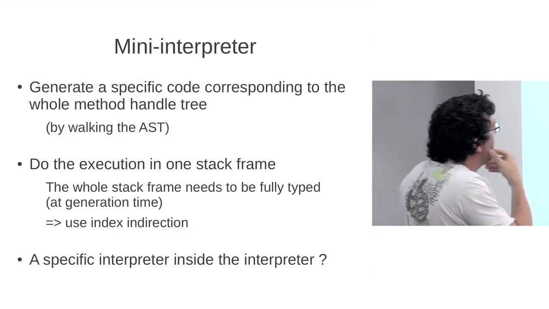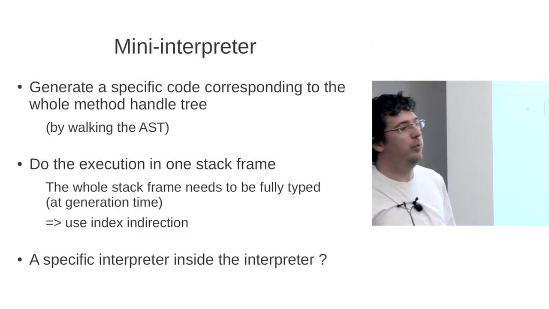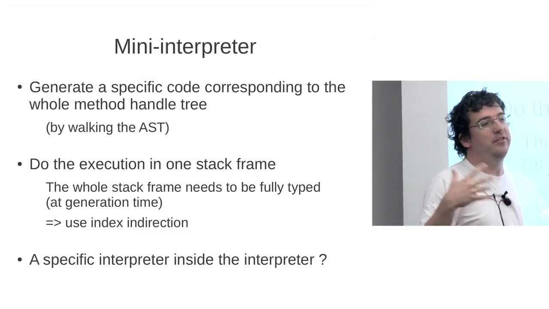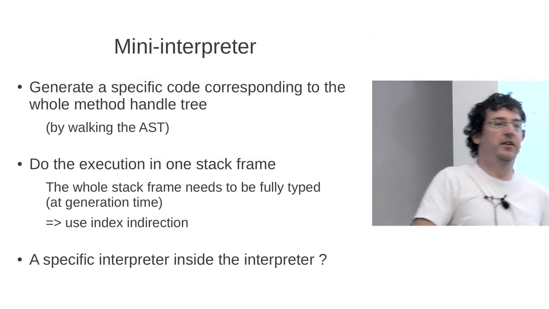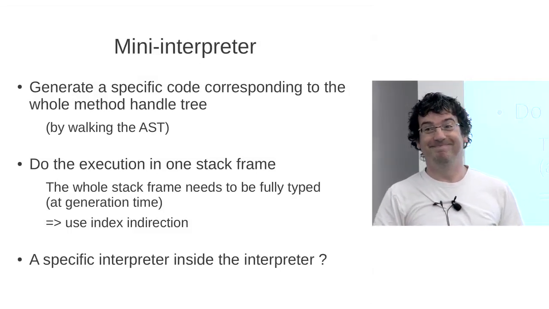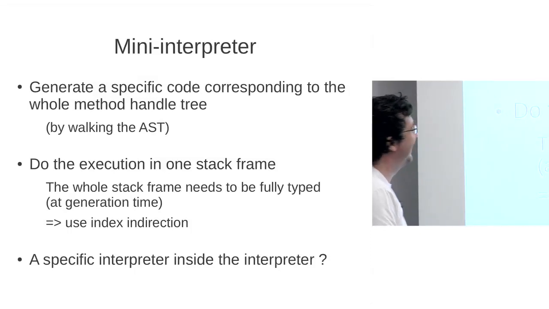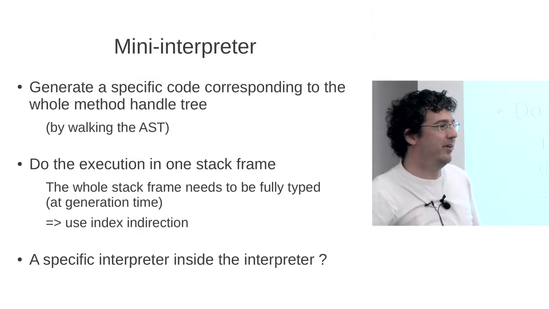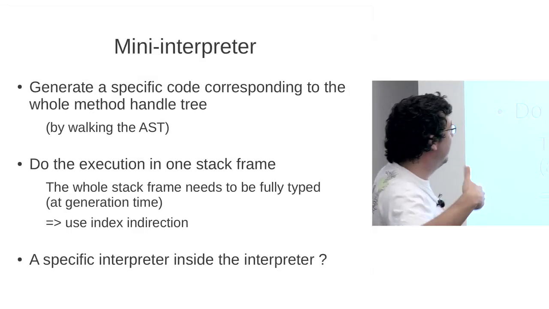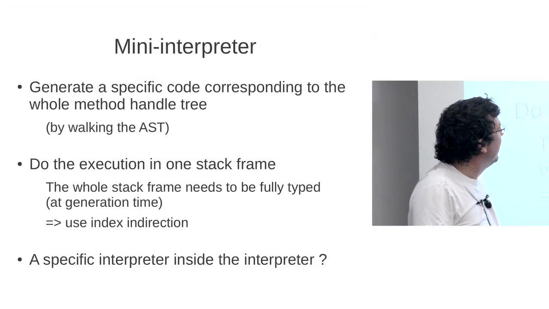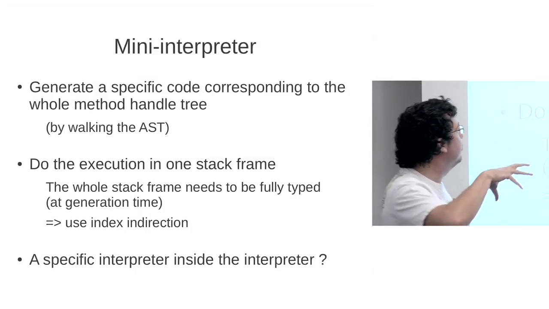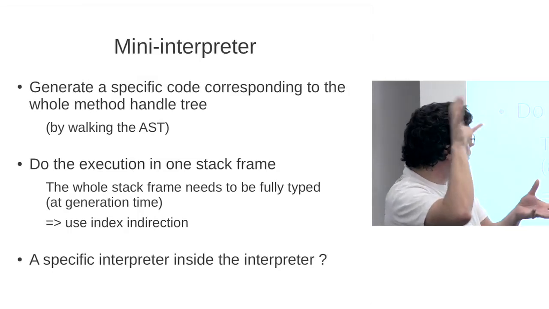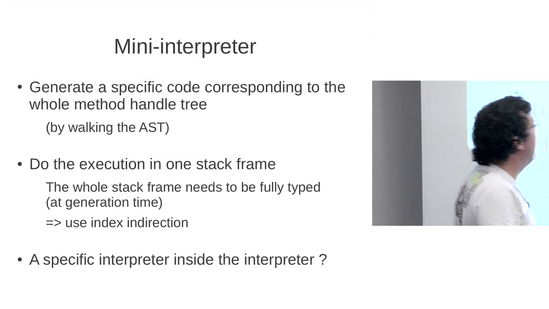After that, what we want is to try to have a kind of mini interpreter inside the Android interpreter. We don't want to push a stack frame for each method handle. So the idea is to try to resolve the tree of method handles inside one stack frame.